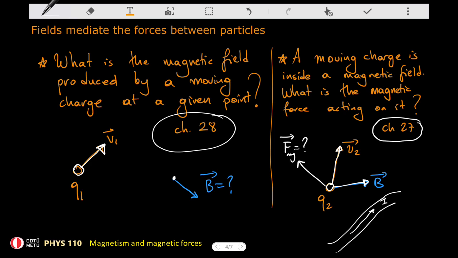So therefore, there has to be a magnetic force on the wires as well. So as a result, we are going to see this expression for both moving charges and the currents, so two different force expressions. But since a moving charge is more fundamental, I'm going to start with the force expression for the moving charge.